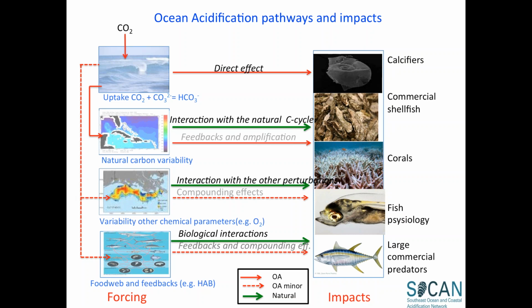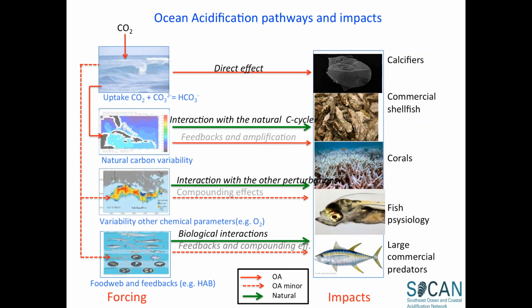When we have this combination of increased CO2 into the ocean affecting the natural variability, we get feedbacks and amplification, which again has a major effect on ocean acidification. And so you basically have a natural cycle, which I have as the green arrow, impacting the ocean ecosystems, and then we have the red arrow, which is the ocean acidification impacts.